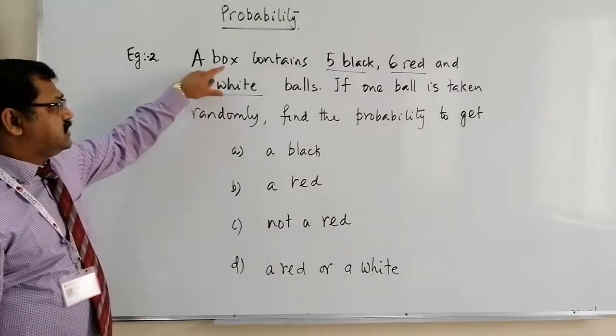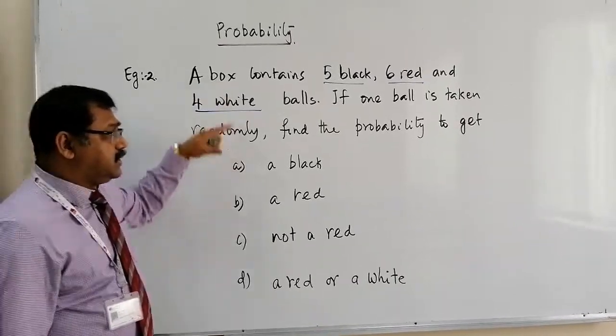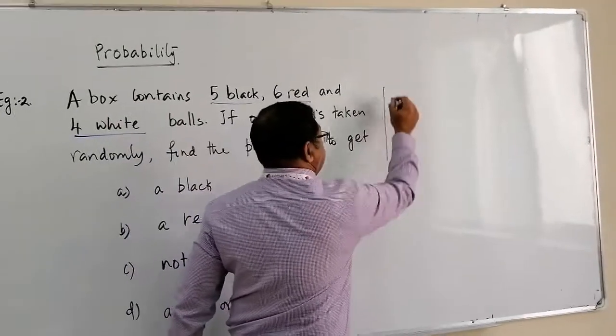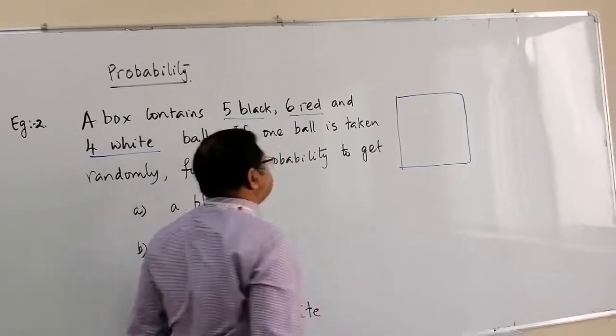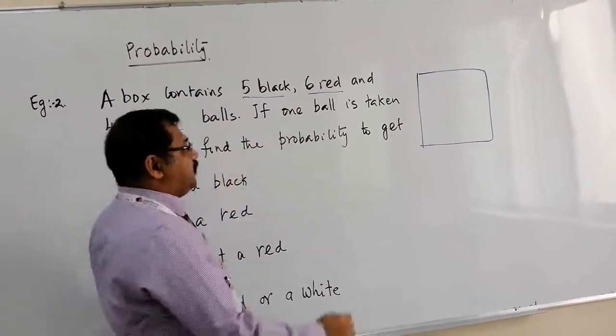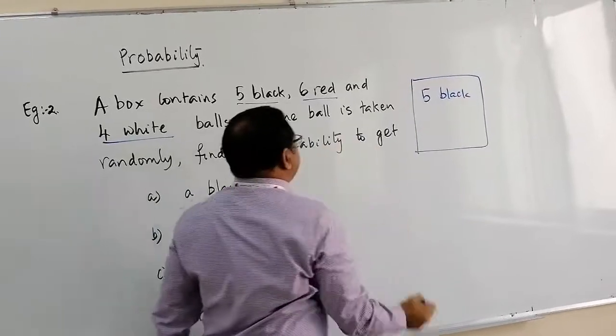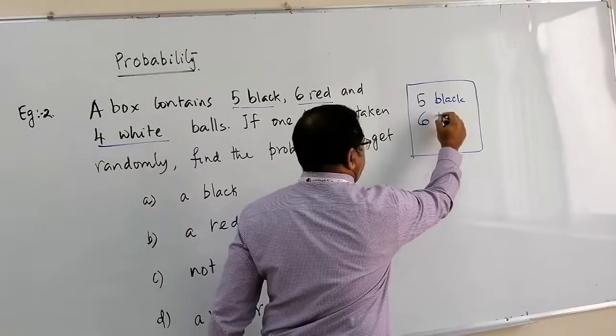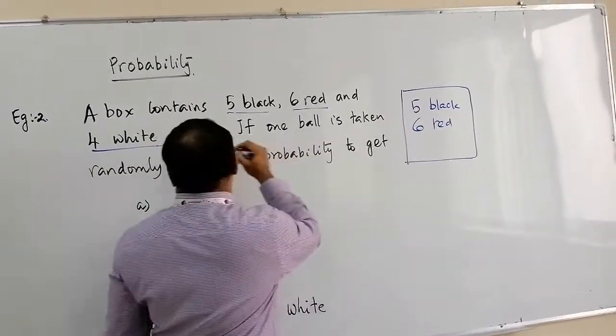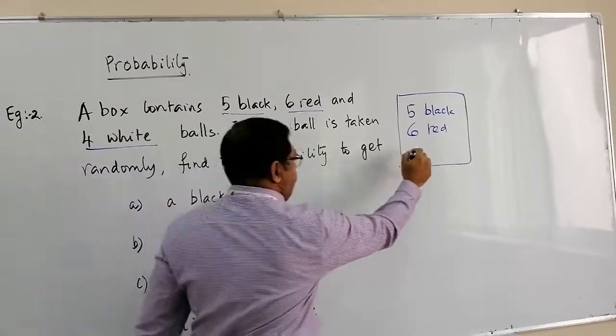So the question says there's a box which contains, suppose, 5 black balls, 6 red and 4 white.